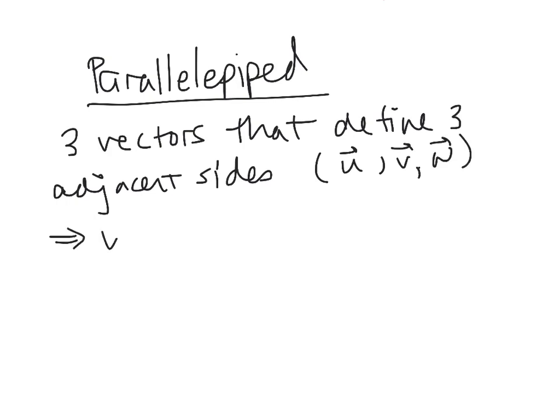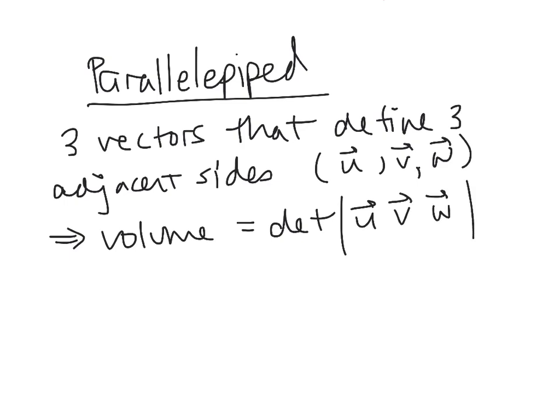Then this tells me that the volume of the parallelepiped is the absolute value of the determinant of the 3 by 3 matrix given by those 3 vectors. And we'll work on an example so you can determine what these sides are.